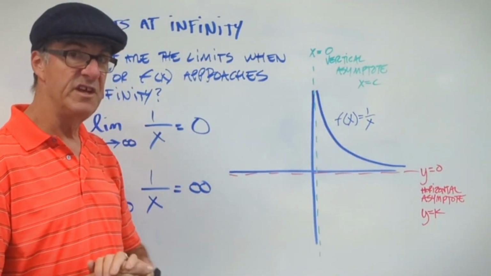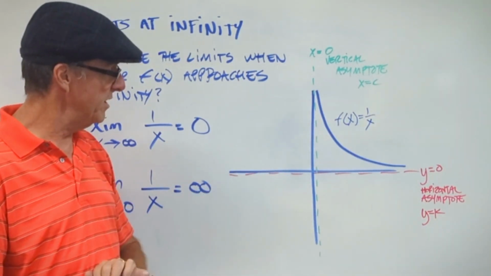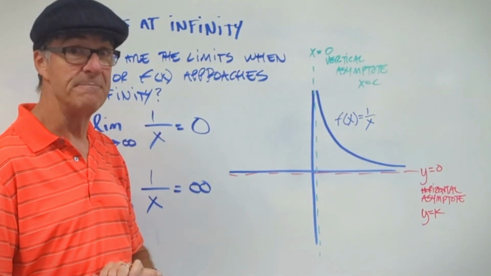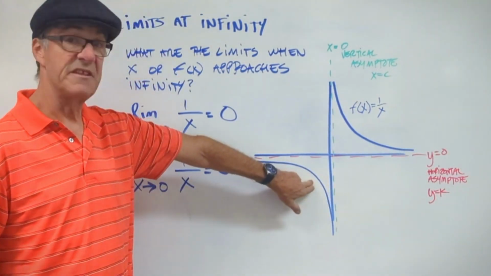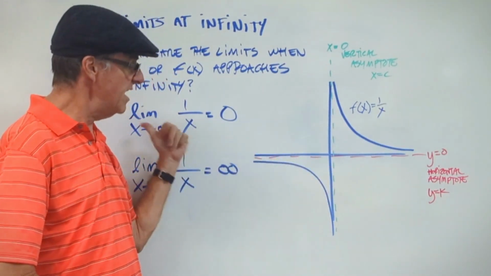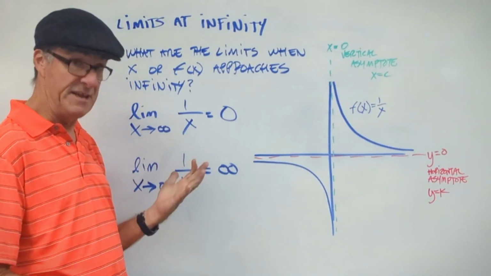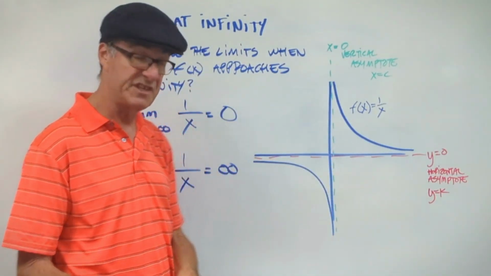Now, I want you to pause the video. Your graph, if you did it on a calculator, has something else going on. Take a look at that and see if you can interpret it in the same way. So, your graph on your calculator also gives us this part, because we can put negative values in for x, and x can go to negative infinity basically, and x can approach 0 from the negative side.